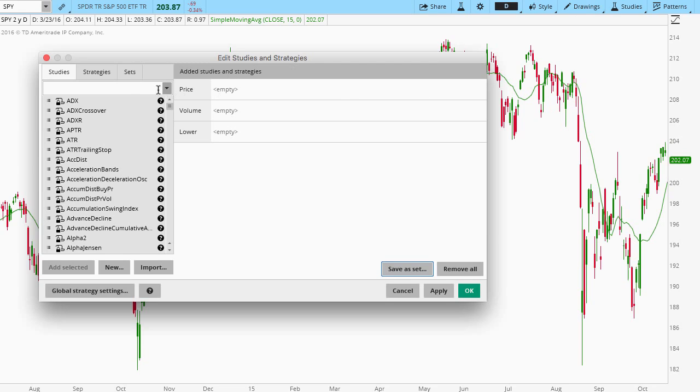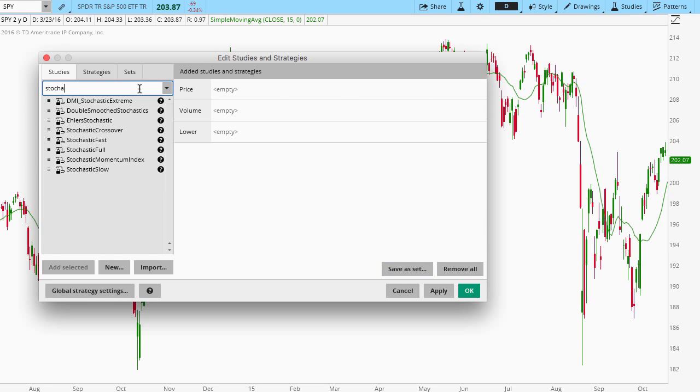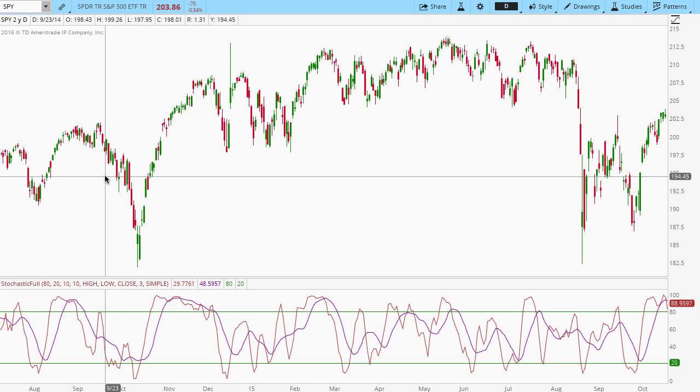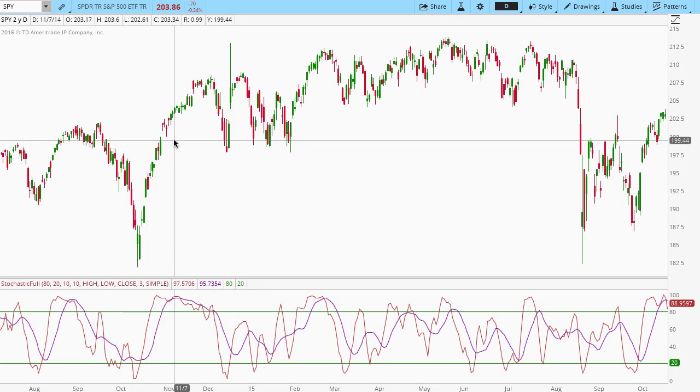So, for example, another popular one is stochastics. And so we can add, let's say, full stochastics to our chart here. With full stochastics, in this case, you don't see any moving average up there, but what you're looking for are these overbought and oversold zones.